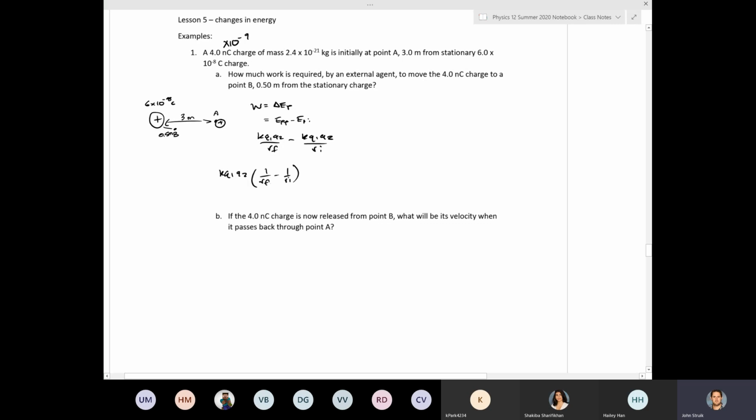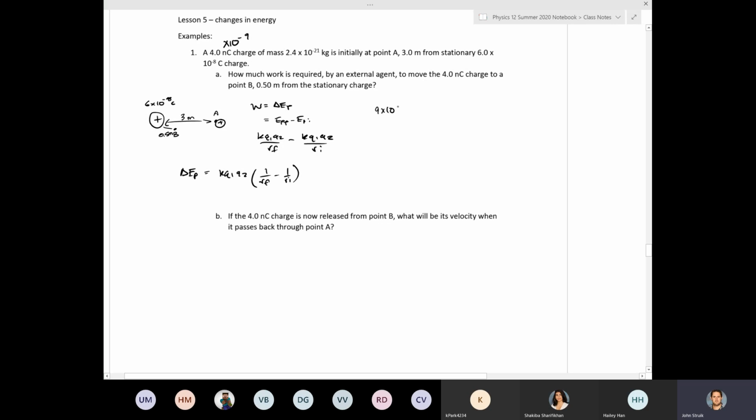This is sort of like your delta EP for gravity, but because it's not negative in the first place, it's RF minus RI instead of RI minus RF. So let's make it delta EP.